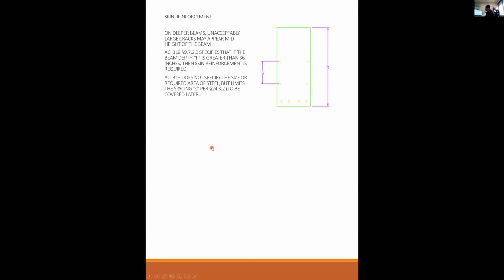The code does not specify the size or the required area of steel, so they don't say number 4s and number 5s, but they limit the spacing s per 24.3.2. We're going to cover later what that spacing is because it's part of another lecture, but just be aware that the spacing is restricted by 24.3.2.